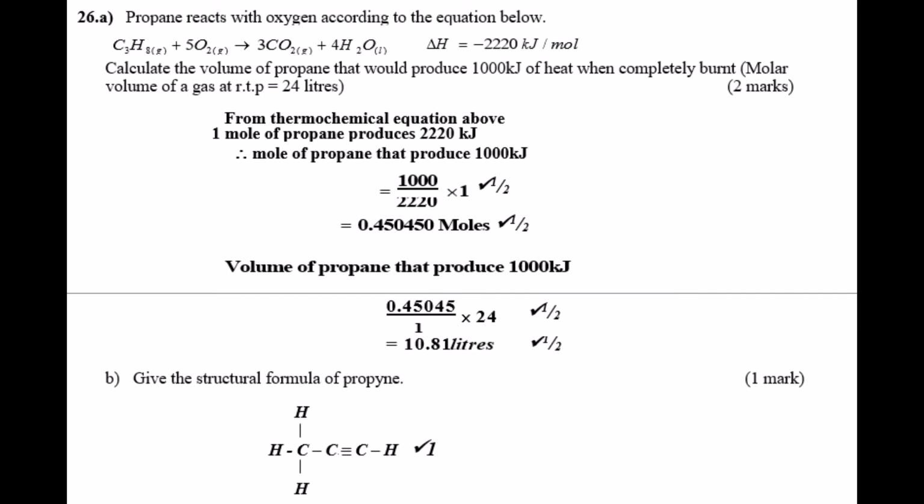You divide 1,000 by the 2,220 to get the number of moles of propane that will give us that amount of heat. With that you get 0.45045 moles. And if that is the number of moles, we need to convert that to volume by multiplying by the molar gas volume, 24, to get 10.81 liters.